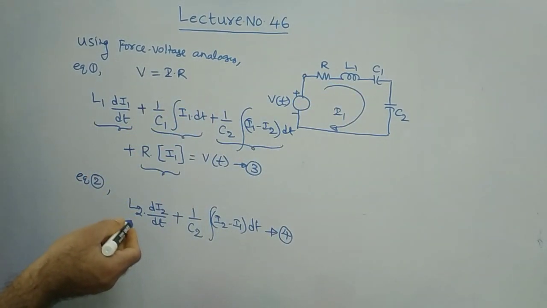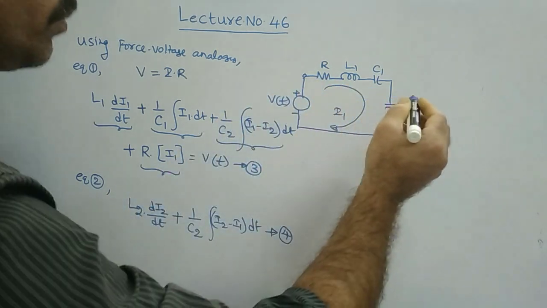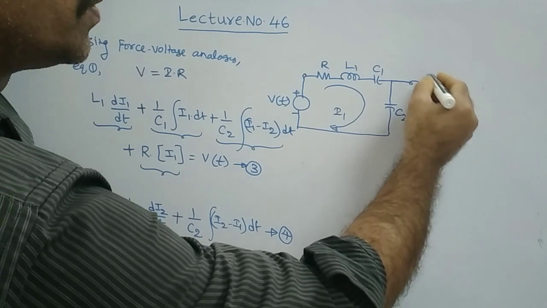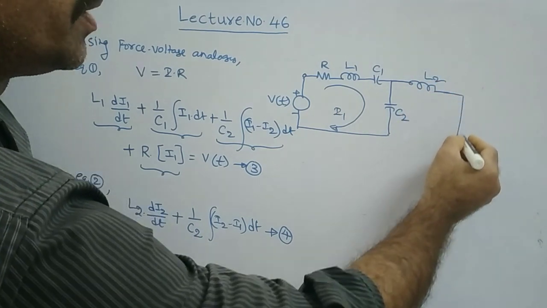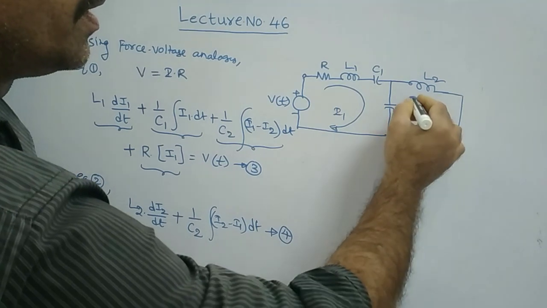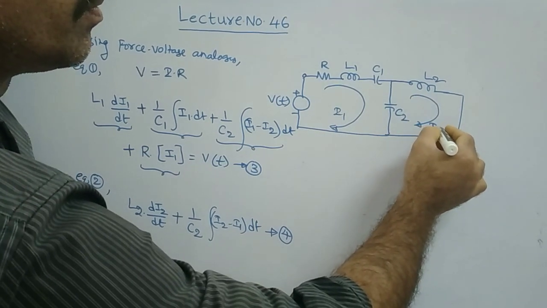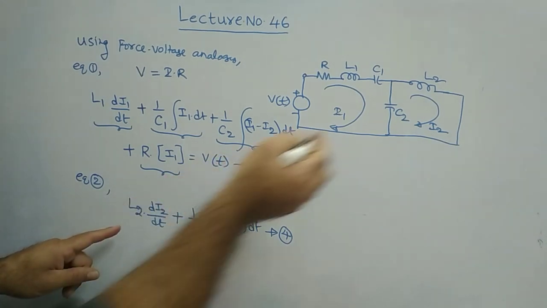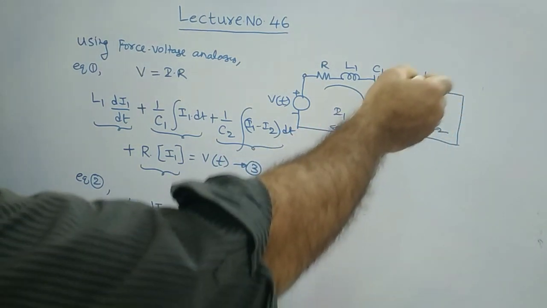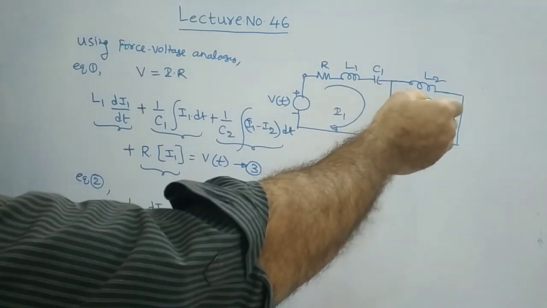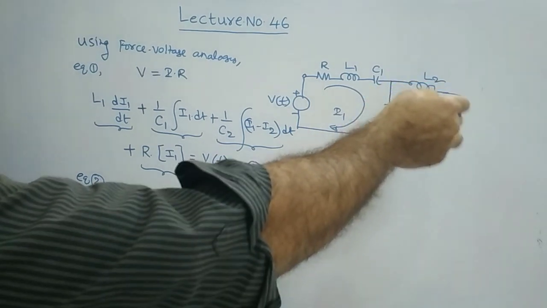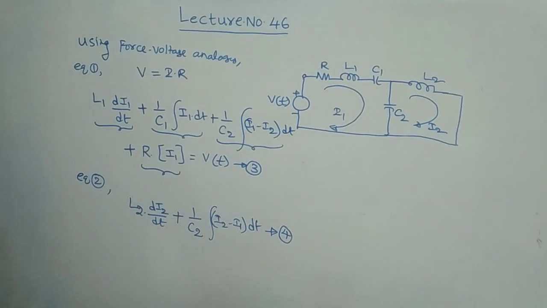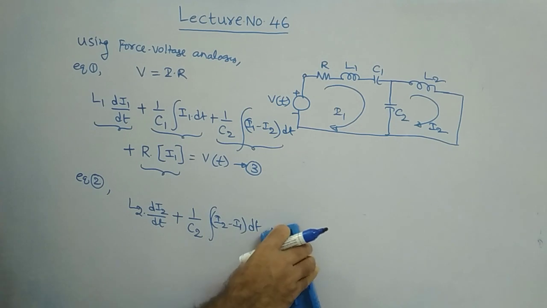Similarly, if you consider the second loop, you will have L2 and then the common element, and here you will have I2. Therefore L2 di2 by dt. If you write the voltage equation according to Ohm's law, equation number 2, L2 di2 by dt plus the common term is equal to 0.